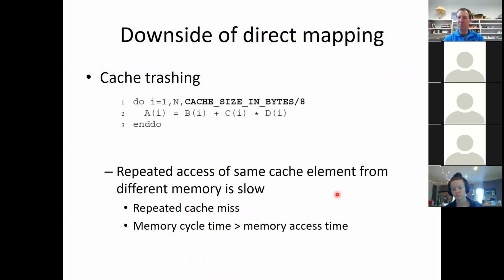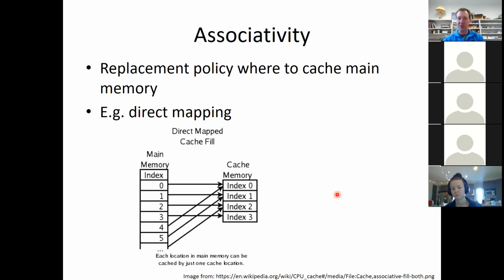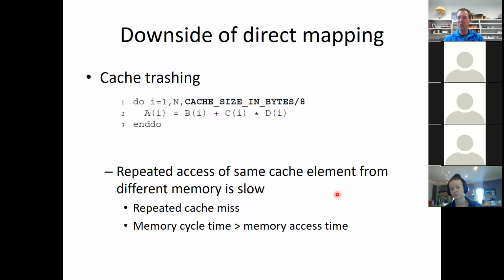Now, this direct associative mapping has a potential downside. And here is an example where you can really exemplify this downfall quite drastically. It's called cache thrashing.